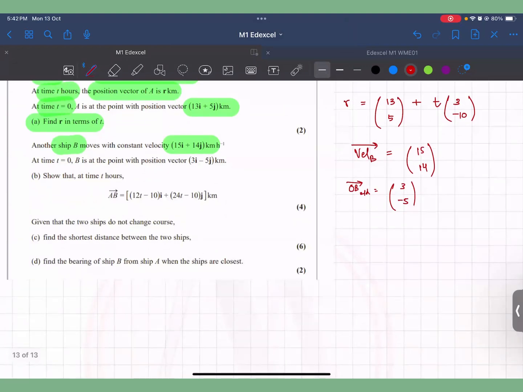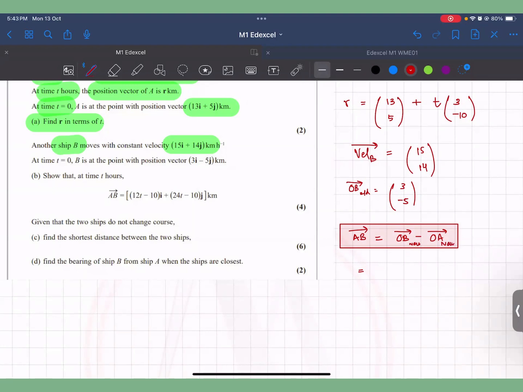And then show that at time t hours, AB is this. And then I told you, AB is not a position vector. It is a displacement vector. And we can write it down in terms of position vectors: the position vector of B minus the position vector of A. This is how you open up any displacement vector in terms of position vectors. So the general, the new OB and the new OA position vectors.